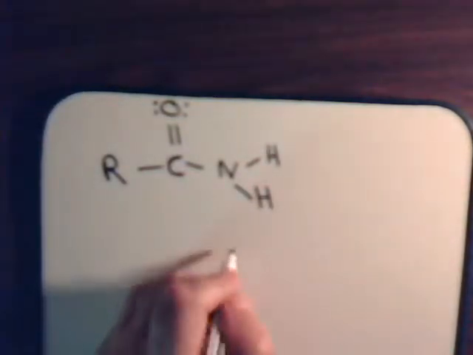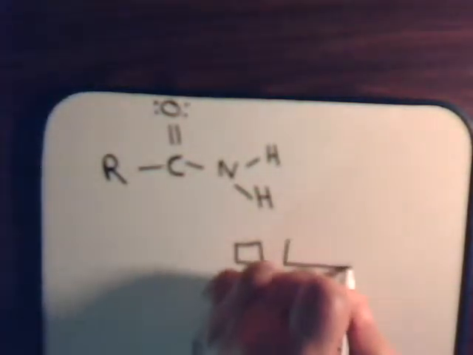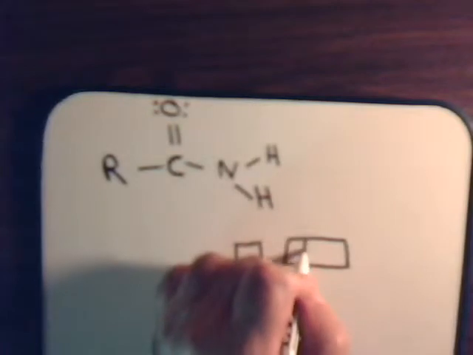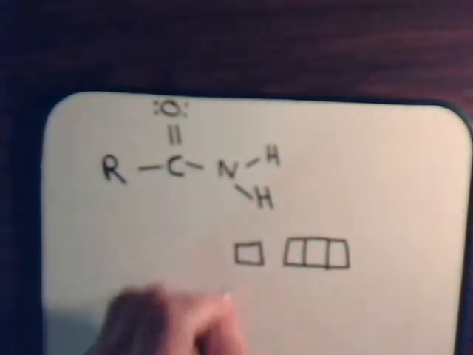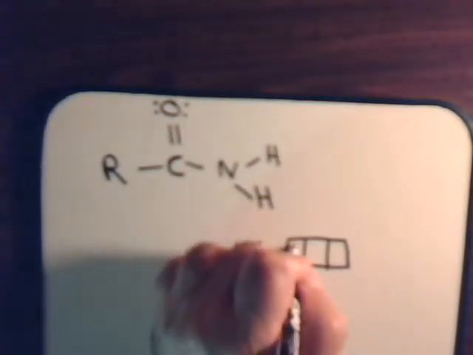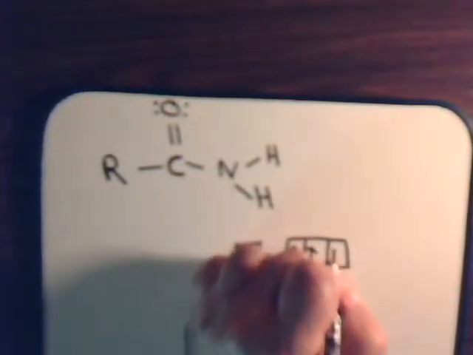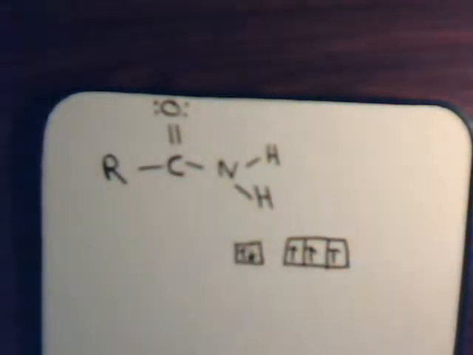Now, for the nitrogen, going back to the block diagram, the orbital block diagram, the 2s and the 2p orbitals, there's the orbital block diagram for nitrogen.